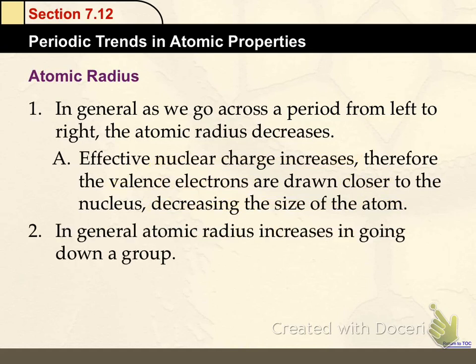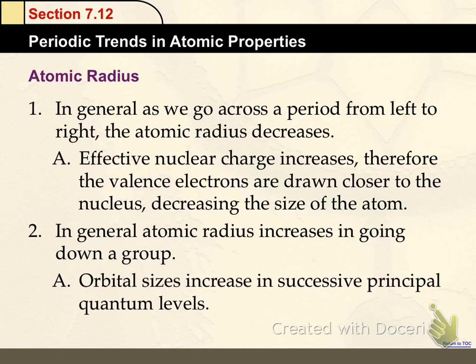All right, in general, as we go from top to bottom, atomic radius increases. And that is, I guess, more common sense. Again, the atomic number is going to increase as you go from top to bottom, so you would think that the size of the atom would increase. And that's true for this case. Well, why is it? Simply because the orbital sizes increase in successive principal quantum levels, or successive energy levels.